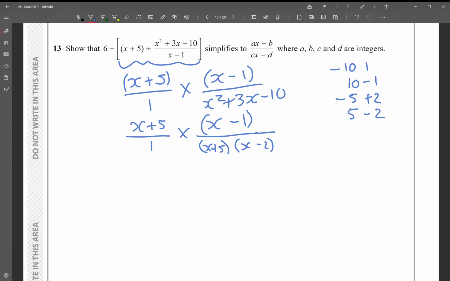Now, a rule that you can remember is that if you're timesing fractions, you can cross cancel, so this one and this one can cancel.